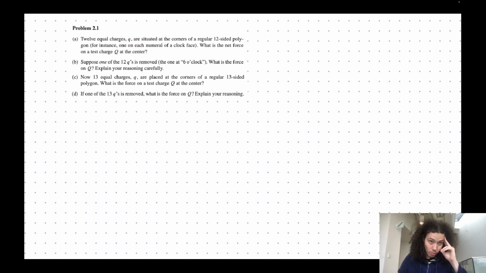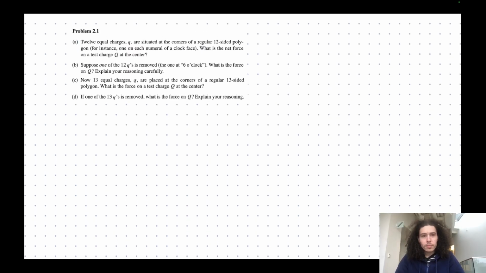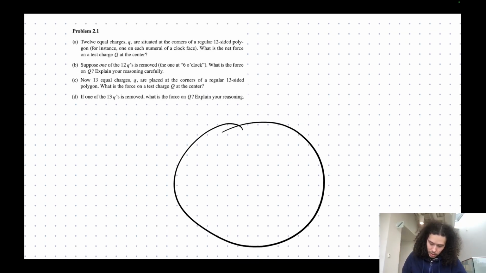Okay. So this is sort of classic with physics problems. The theory seems fairly straightforward, and then you get to the type of problems they ask you, and you're just like, what am I gonna do with this? So many words. Here, he wants you to look at this 12-sided polygon. I don't even know how to draw this.